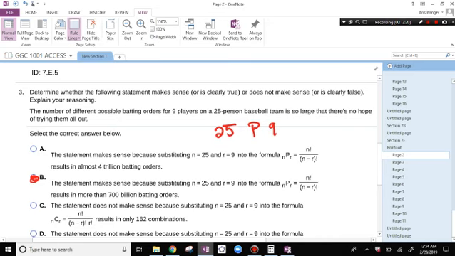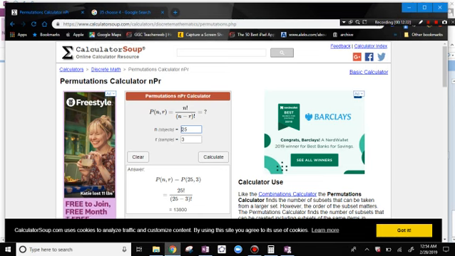And this is actually on the TI-84 calculator. So you can actually calculate these and just put in 25P9. But if not, you can just go, it's on Google. 25 people. You need to pick 9. You care about the order, and so it's a permutation.